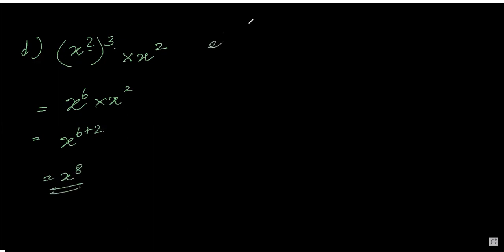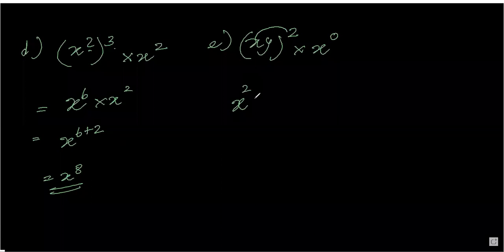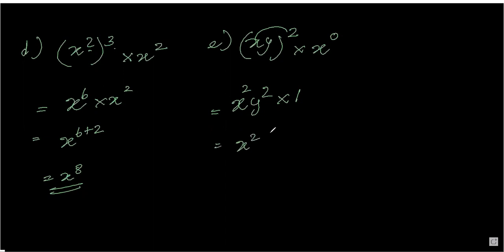E. xy to the power 2 into xy to the power 0. xy to the power 0 means 1. x squared y squared into 1. So any number to the power 0 means 1. Then our answer is x squared y squared.